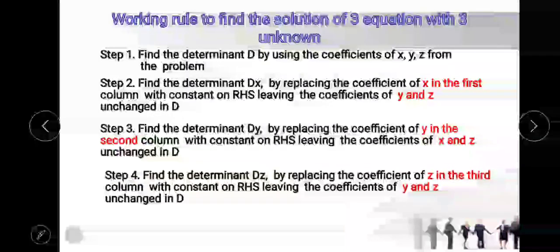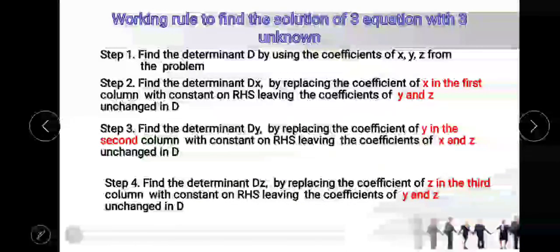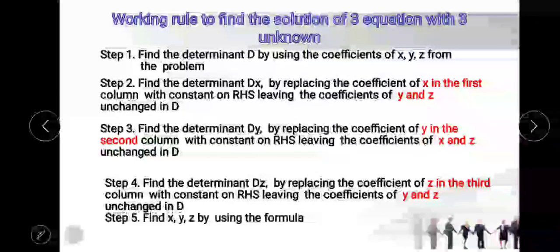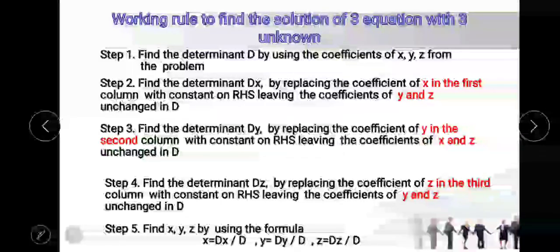Then find the determinant dz by replacing the coefficients of z in the third column with the constants on the right hand side, leaving the coefficients of y and x unchanged in d. Then simply find x, y, z by using the formula x is equal to dx by d, y is equal to dy by d, and z equal to dz by d.